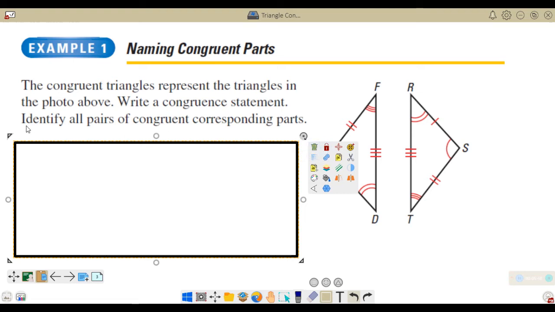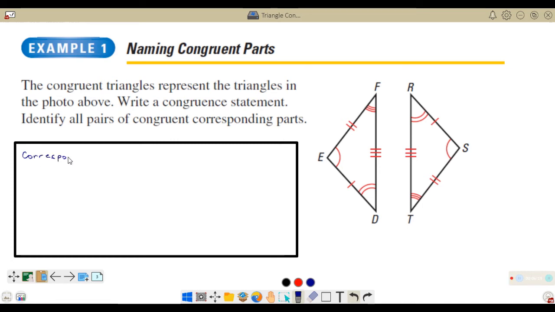I think mas madali na i-identify muna natin yung congruent corresponding parts before tayo gumawa ng congruent statement. Kasi di ba naka-base nga yung congruent statement natin sa congruent corresponding angles, di ba? So, before we proceed with congruent statement, let's identify all the pairs of congruent parts muna. Let's start with the corresponding angles.